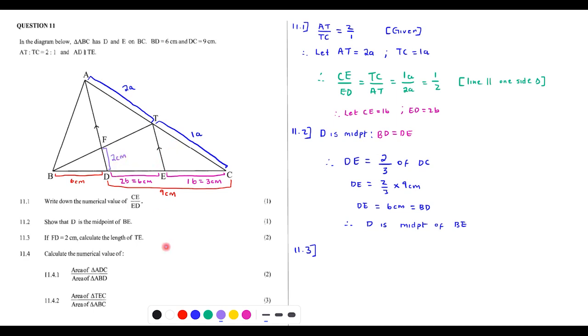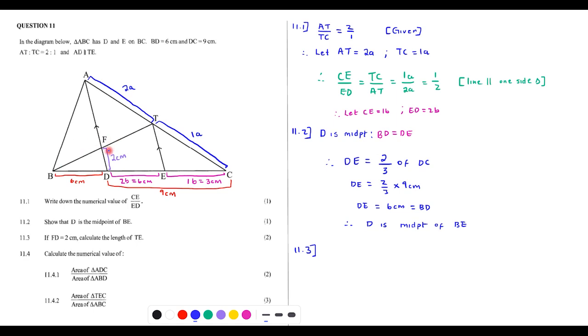Now here what we see is that AD is parallel to TE. If we had parallel lines, and this other parallel line created a midpoint on BE, that parallel line will then mean that it is also parallel to the other side.